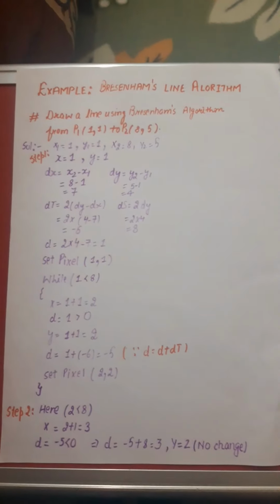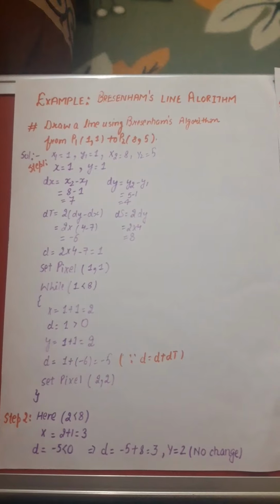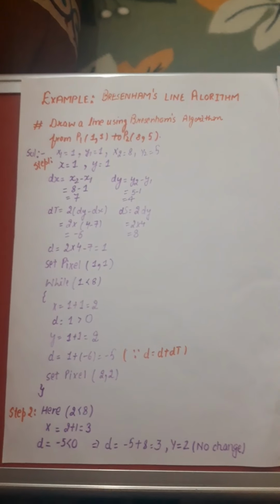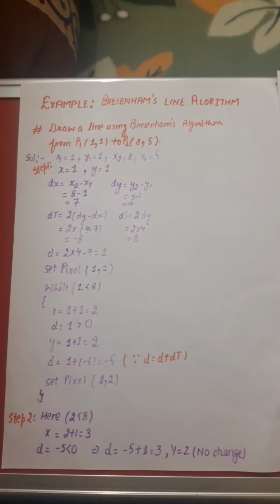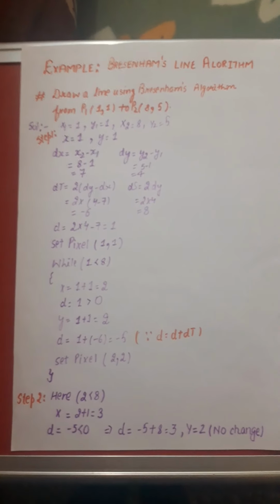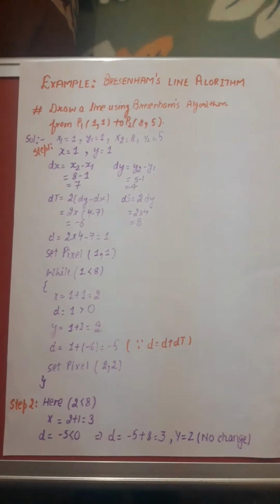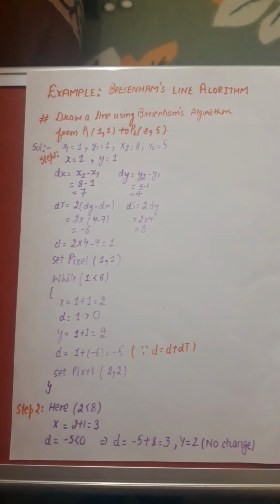Next we will calculate the decision parameter, that is d. It is given by twice of dy minus dx, so it comes out as 1. So according to the algorithm, initially we will put a pixel with the initial values of x and y, that is 1, 1, and next we will start with the loop.